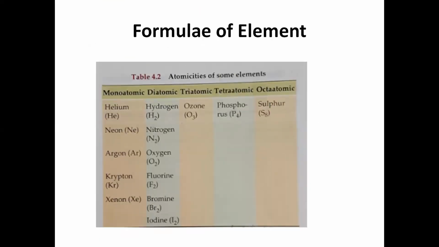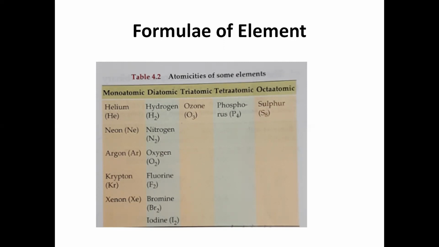Now next is formulae of elements. A molecule of noble gases. You can see table 4.2, in which they have mentioned monoatomic, diatomic, triatomic, tetraatomic and octaatomic elements. The monoatomic elements are the noble gases: helium, neon, argon.